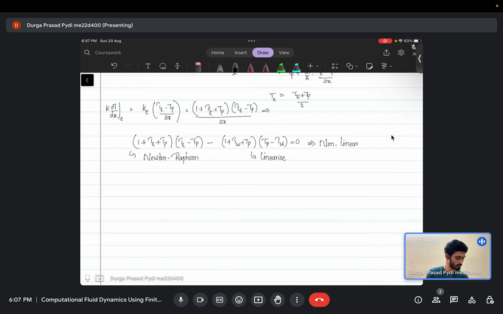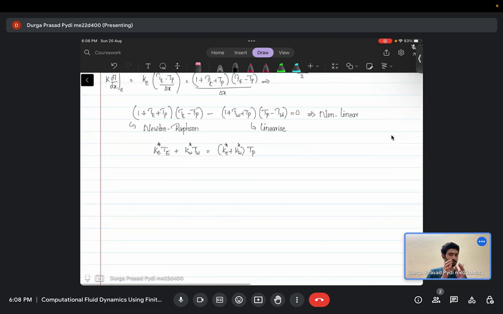The original equation we had is Ke times Te plus Kw times Tw equals (Ke plus Kw) times Tp. Since we are replacing the K value as a function of temperature, the equation became nonlinear. So we do not replace it as such, but instead we define K star, where K star is the value evaluated at the previous iteration value of the temperature.